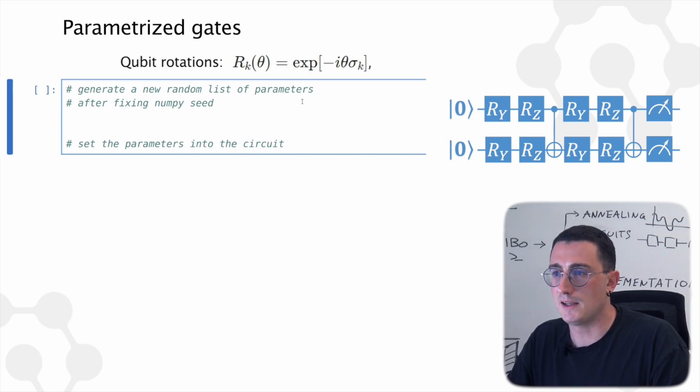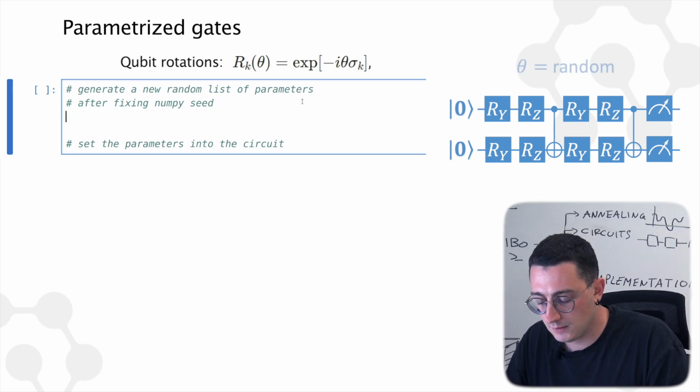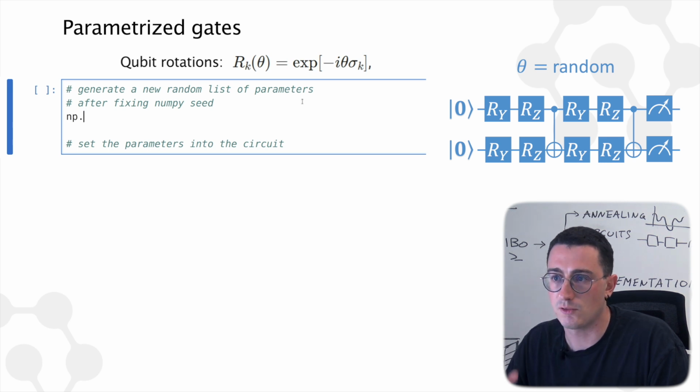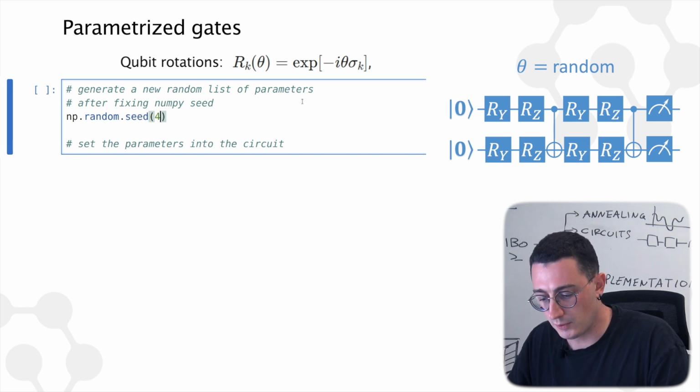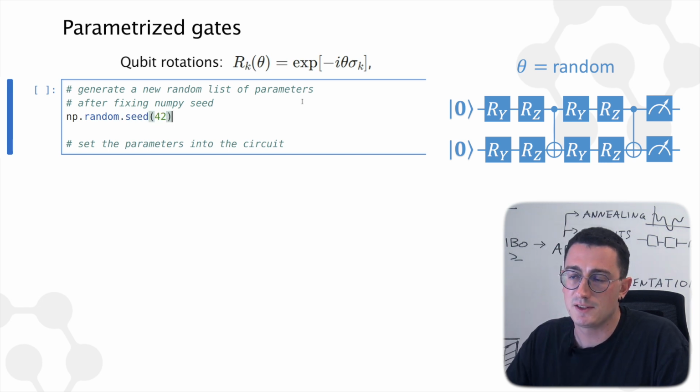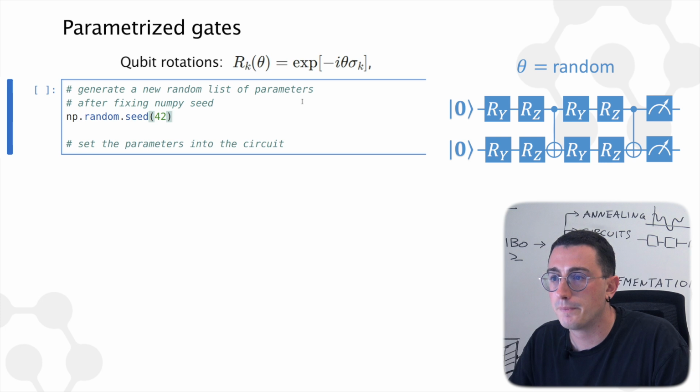So we can start by setting the NumPy random generator seed by typing np.random.seed equal to 42. This is just a way to fix the randomness of the problem in order to allow you to reproduce the exact result we are going to get.